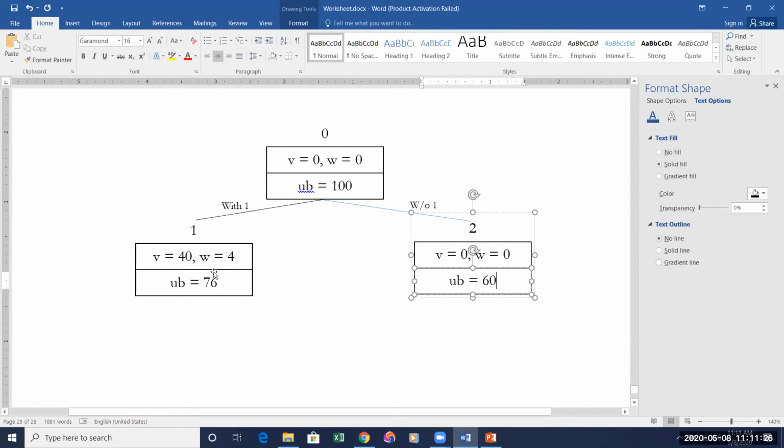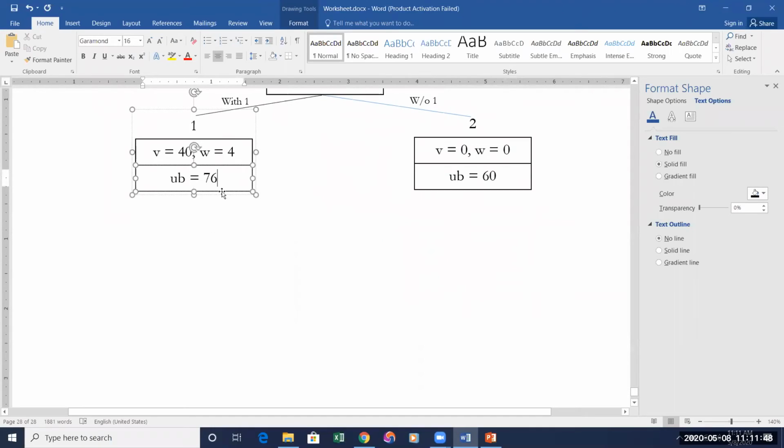Promising means this may give a maximum value. 60 means the maximization value may be less when compared to this left node. Therefore we are considering the node with the maximum upper bound, 76.